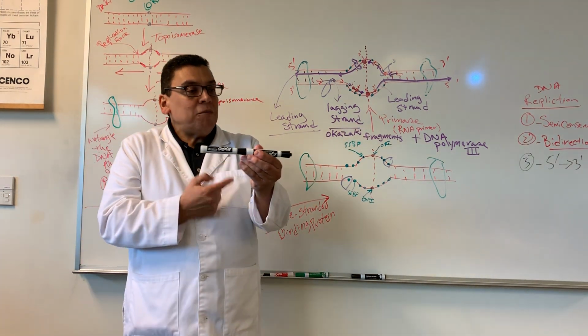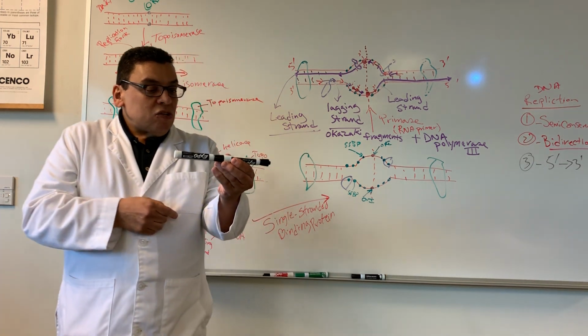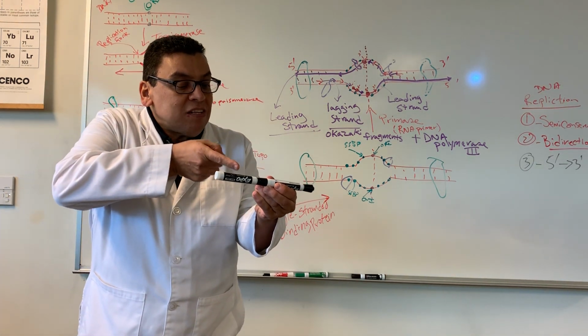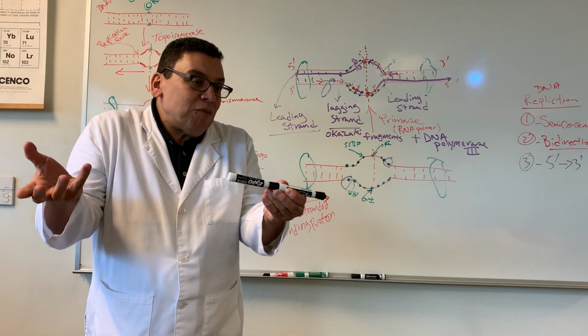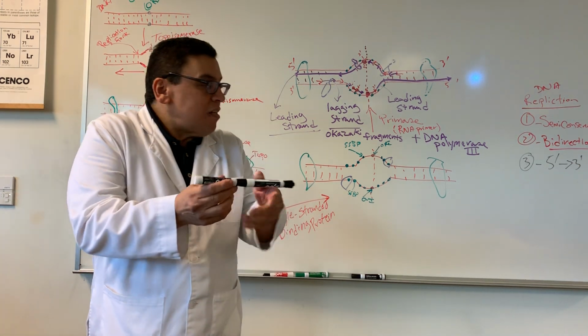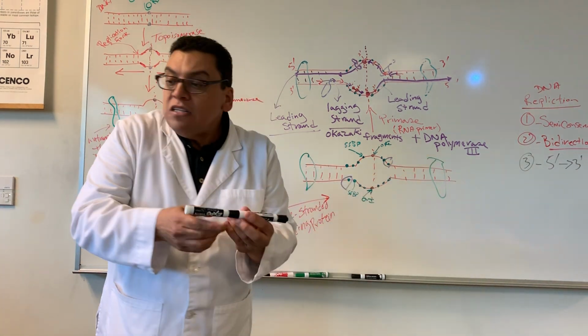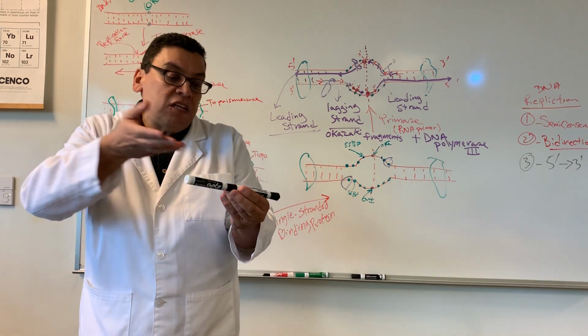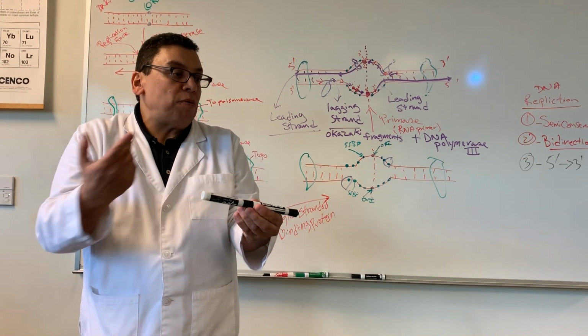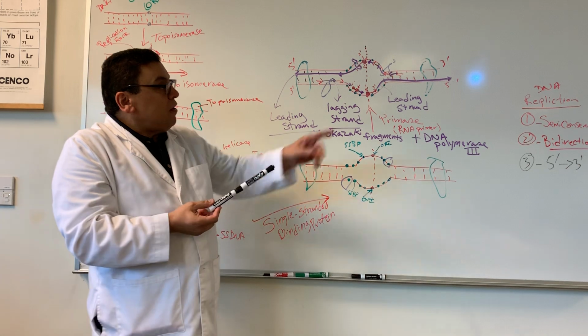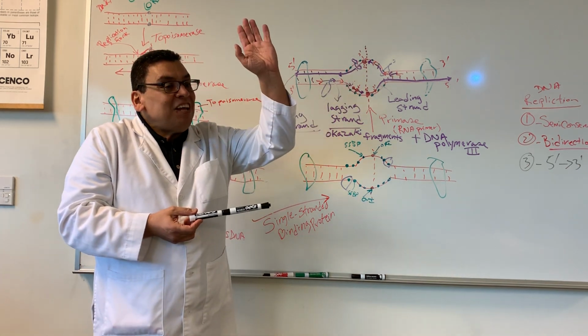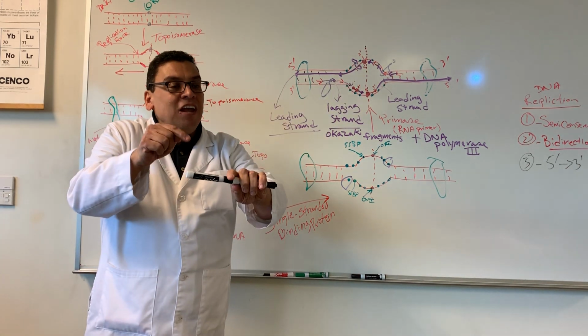That's it, RNA primer. So wherever the RNA primer is, that's where DNA polymerase III should start working. It's not going to look over there to start, because the primer says, hey, DNA polymerase III, I want you to start here.